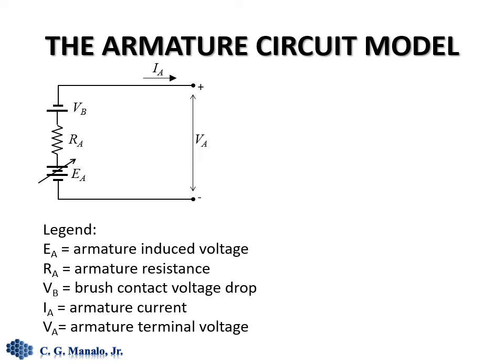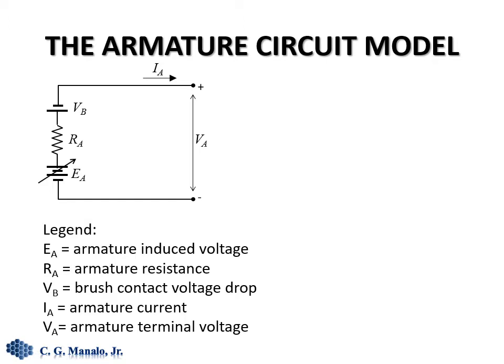Recall that a DC machine is made up of two parts. We have the armature circuit and the field circuit. The armature circuit is simply, or you can look at the armature circuit as a source, a DC source. In reality, it's made up of coils that are connected in parallel, depending on the type of winding that it uses.